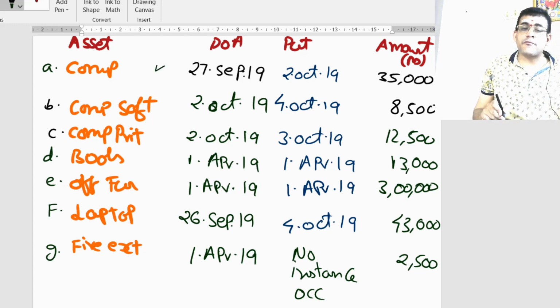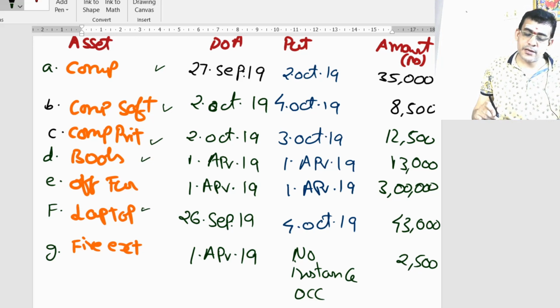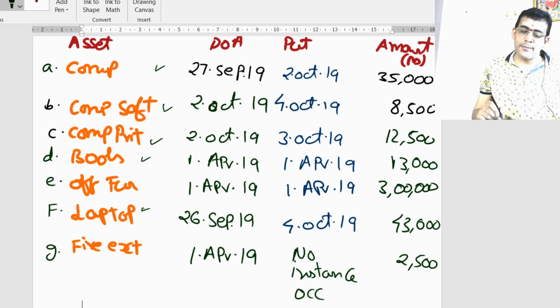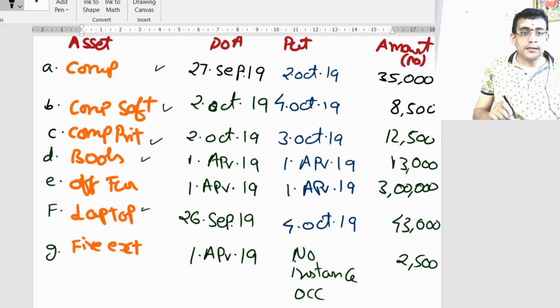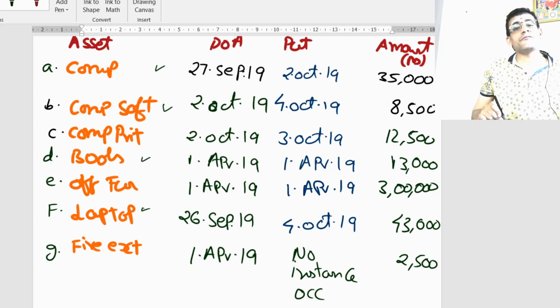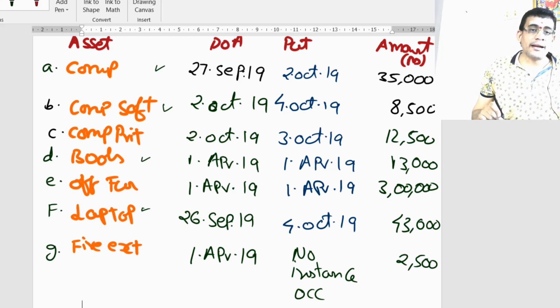Computer software, computer, laptop, books all come under the same rate of depreciation, so I can group these under one single category. The rate of depreciation of a printer is not 40, it is 15, like normal plant and machinery.